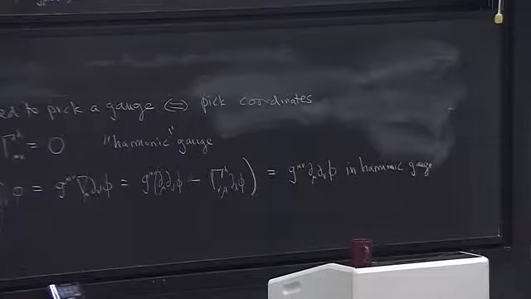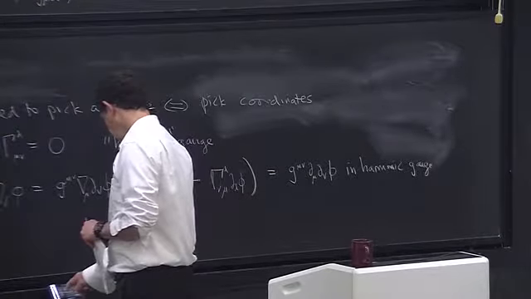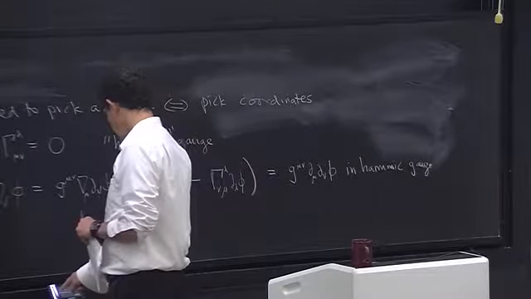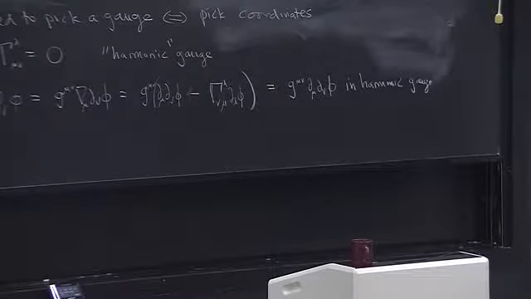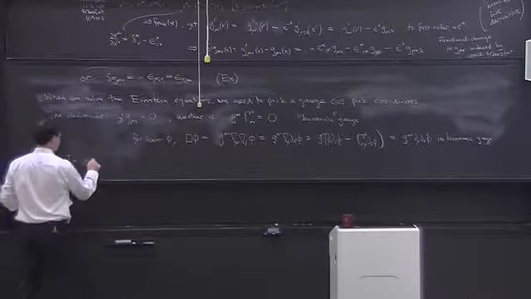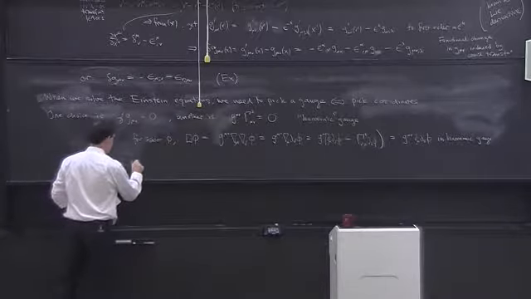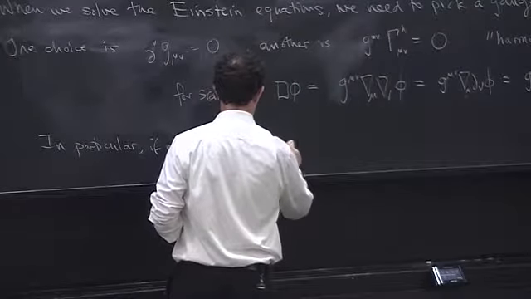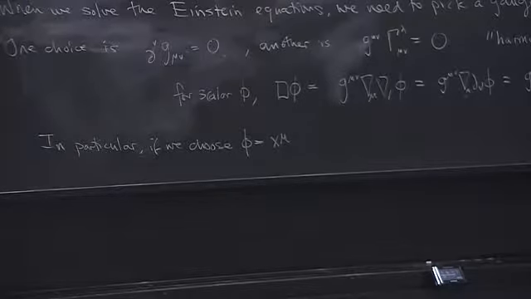And so, in particular, if we choose phi equal to x mu, okay, so just think carefully what that means.